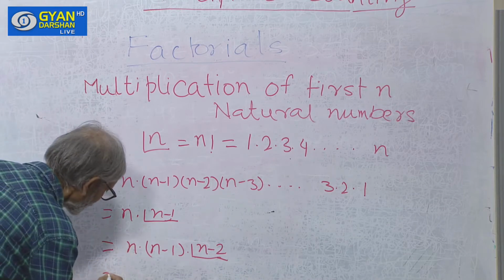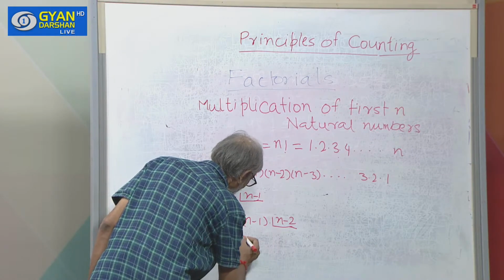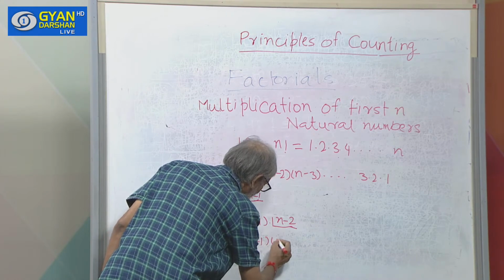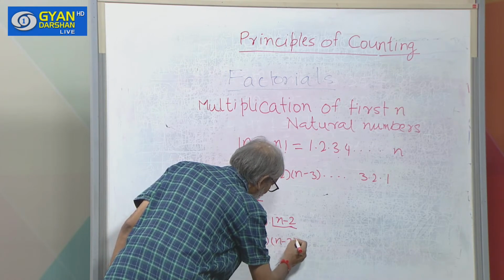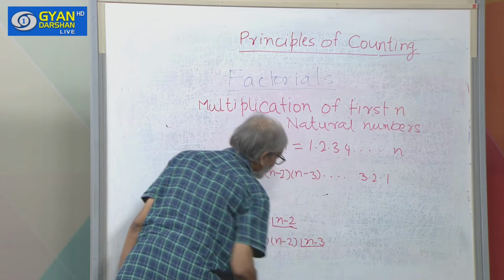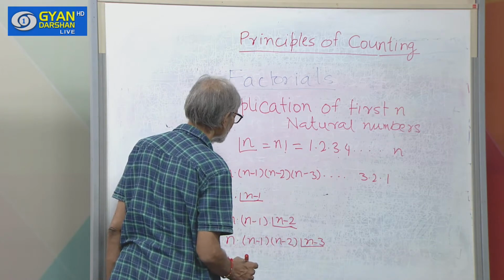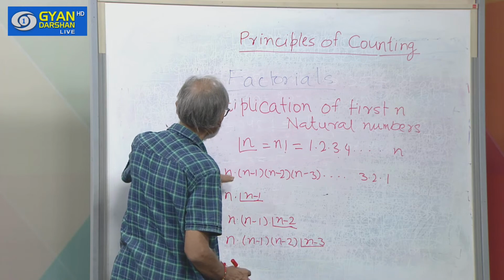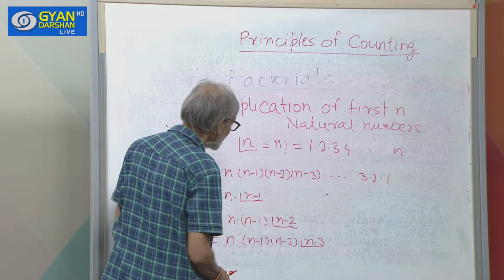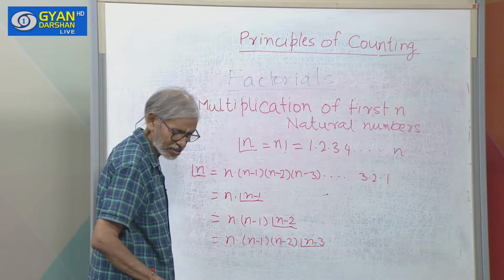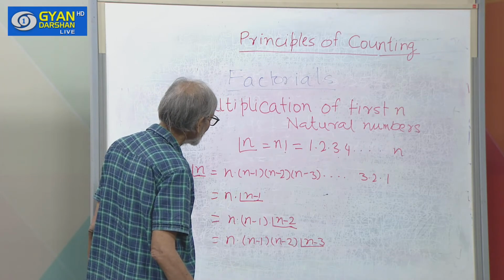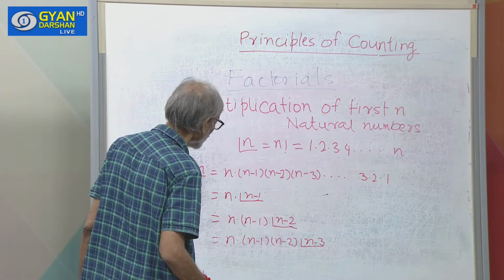We can go on writing n into n minus 1 into n minus 2 into factorial n minus 3. You see, this is a very useful notation and it will be used widely in this method of counting, which will come in later classes, permutations and combinations.